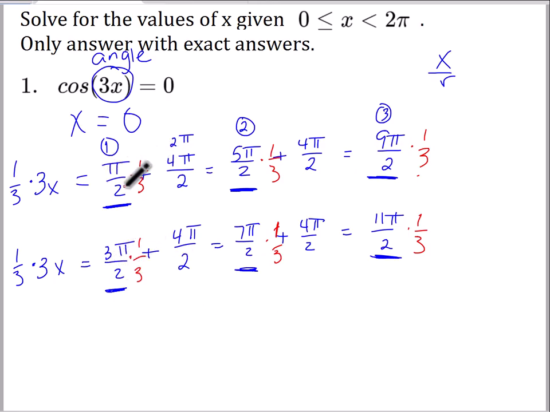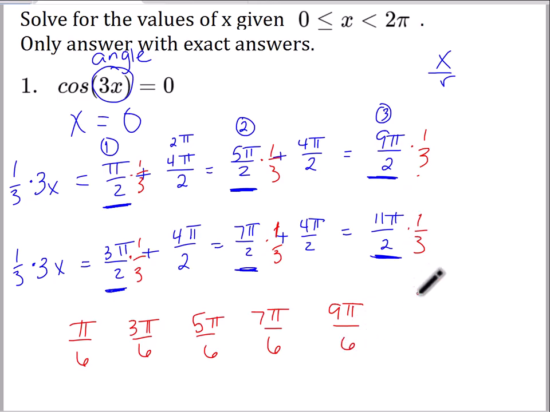So here I have pi over 6. I have 3 pi over 6. I have 5 pi over 6. I have 7 pi over 6. I have 9 pi over 6. And I have 11 pi over 6. And so hopefully you notice that this one can simplify.